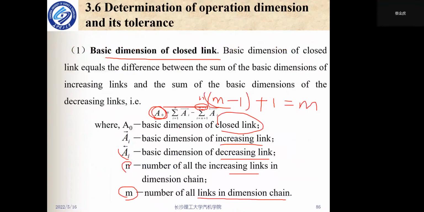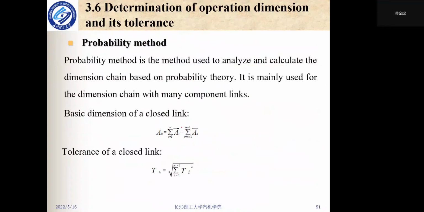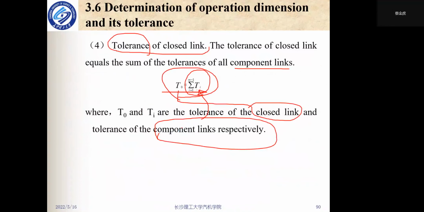So if you have some questions, please ask me, and we will talk about it because it is very important. And the next class, we will learn how to calculate the dimension chain using these equations.